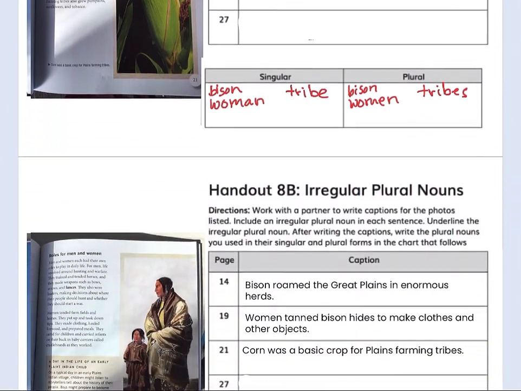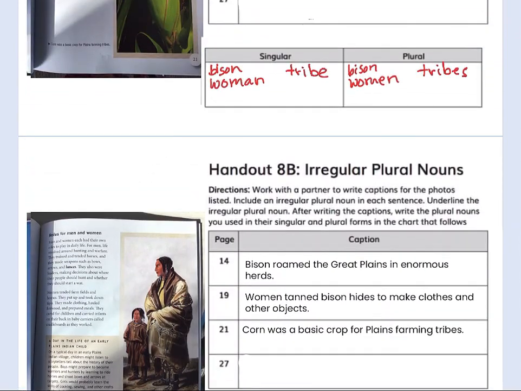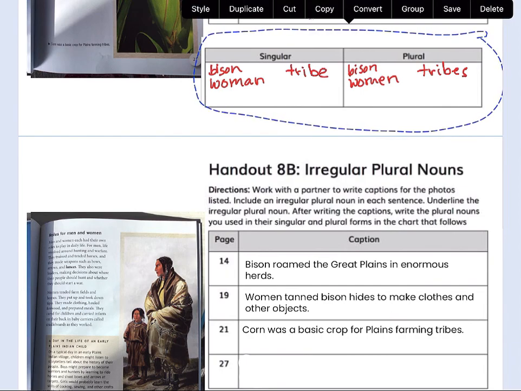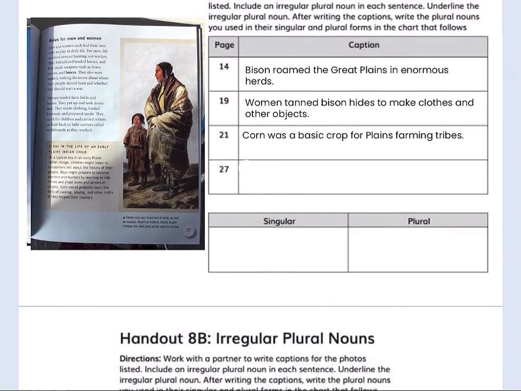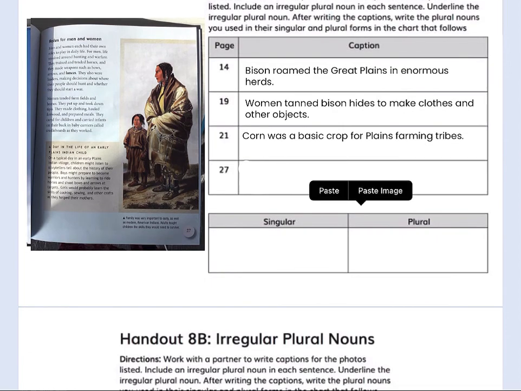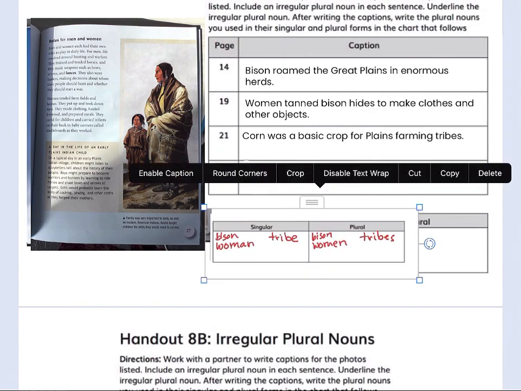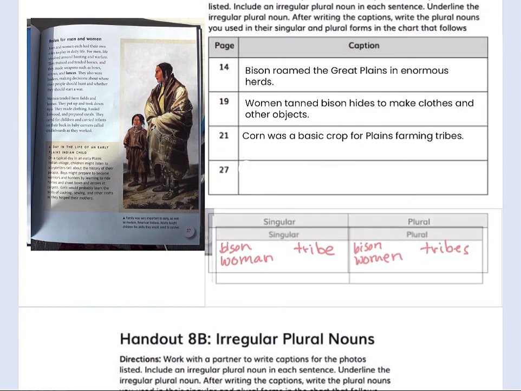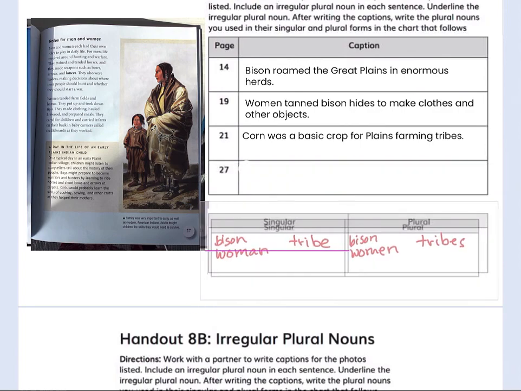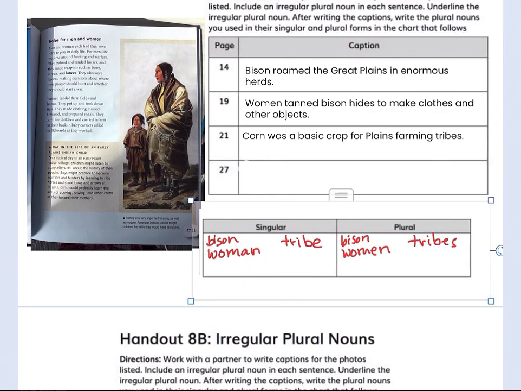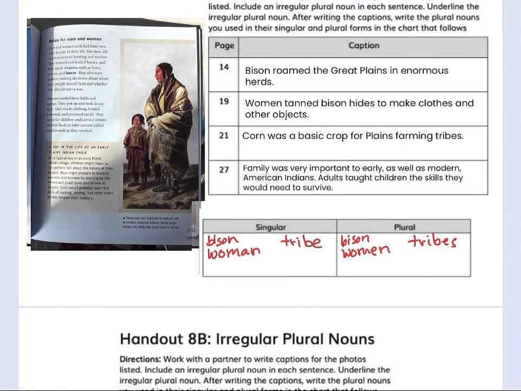And our last one will be page 27. Take a look at the picture on page 27. Think about what the caption might be. What might the caption be for that picture? Let's find out. This one's a little longer.